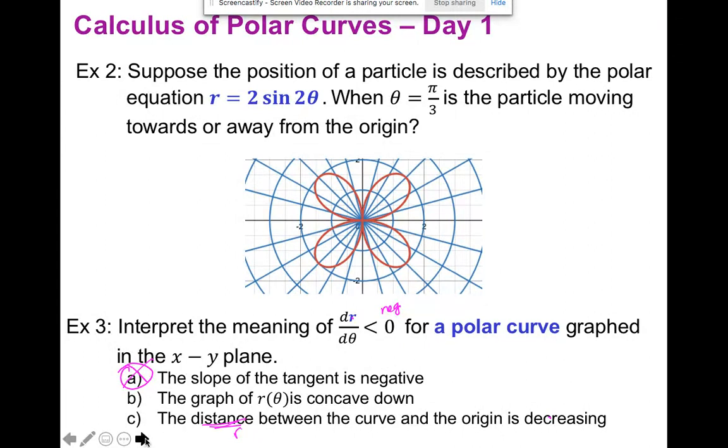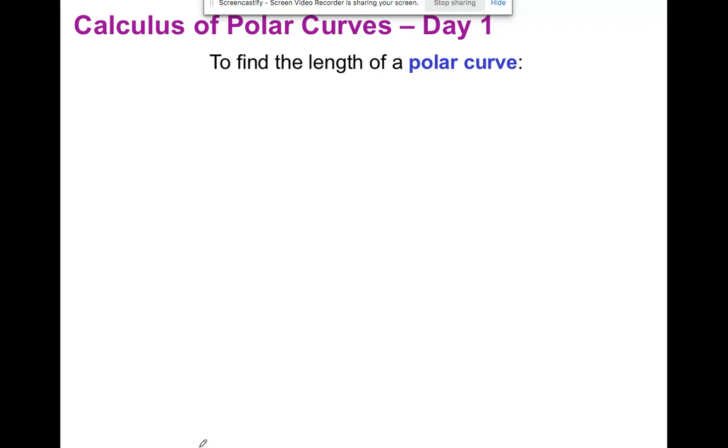All right, last thing for this one, the length of a polar curve. Length of a curve, what is that? Length of a curve on the xy plane was the integral of Pythagoras. And remember, it was 1 squared plus dy dx squared.